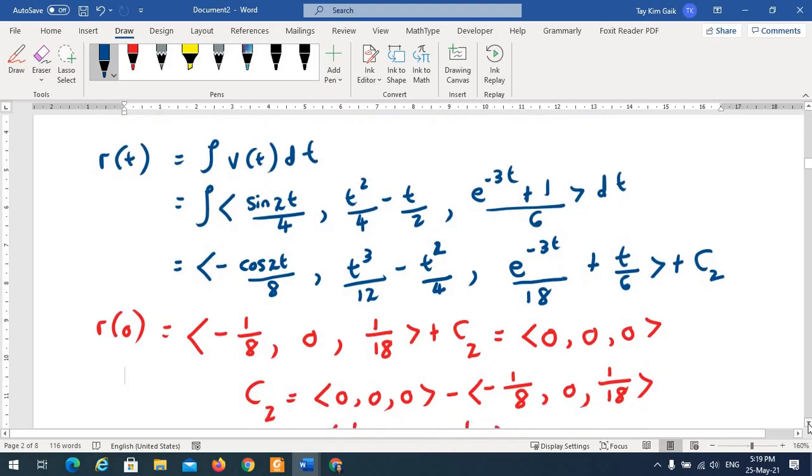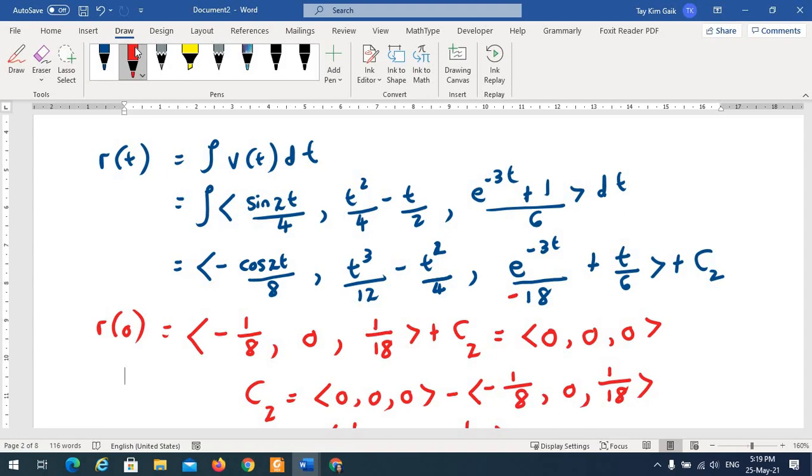When t is 0, cos 0 is 1, so negative 1 over 8, component j is 0, component k is 0. Again, this one has a mistake. Integrate e to the negative 3t, you get e to the negative 3t divided by negative 3, so negative 18. The t over 6 part is correct.